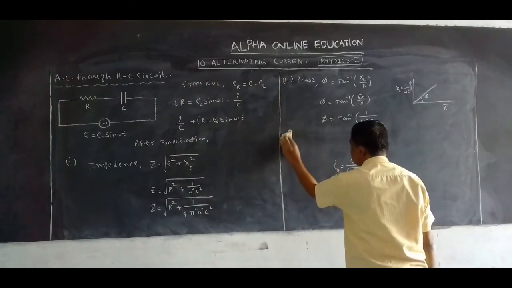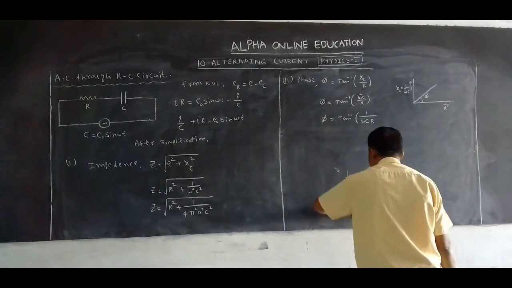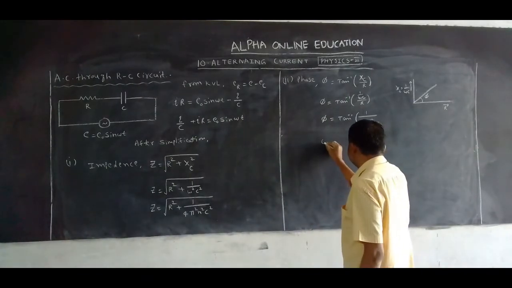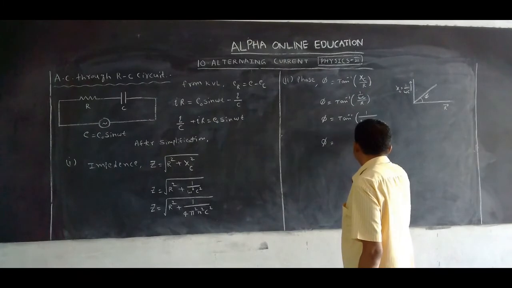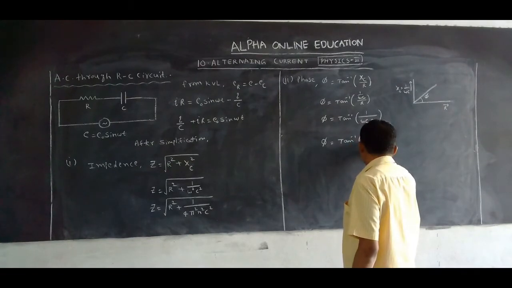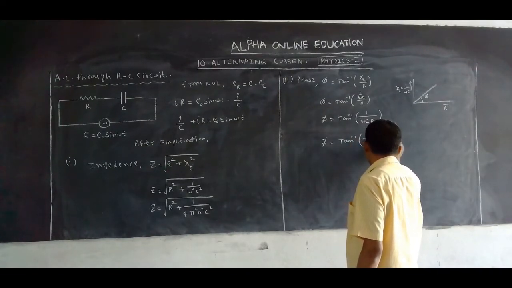This is the phase of the RC circuit. Otherwise phi is equal to tan inverse 1 by omega means 2 pi n C into R.